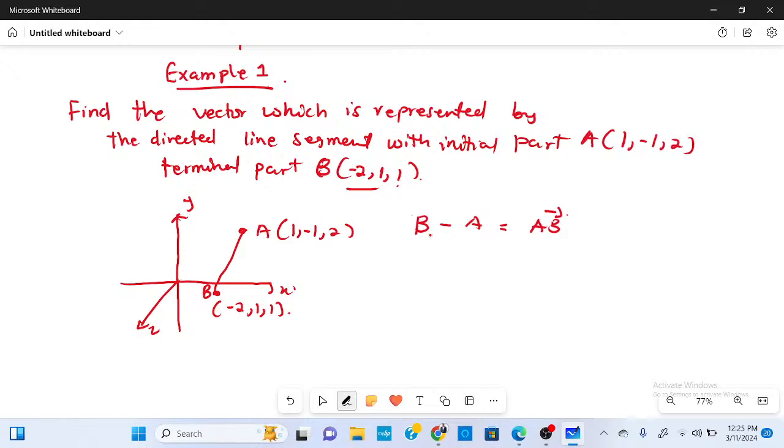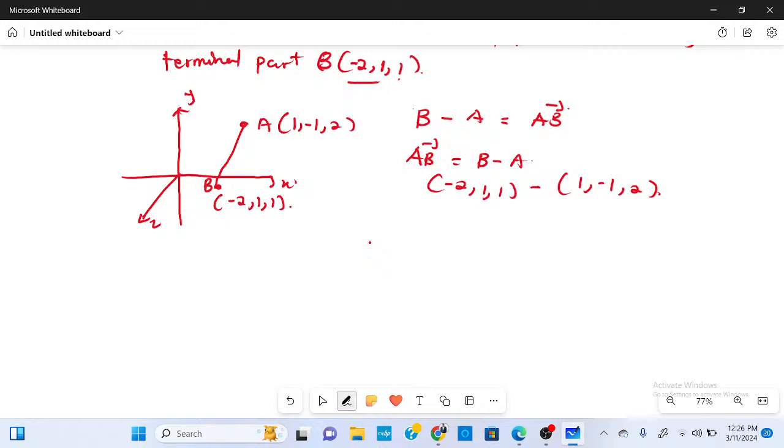So we can also do it this way. We are saying that vector AB is equal to the terminal point minus the initial point, which is B minus A. At this point, we just substitute the components here.